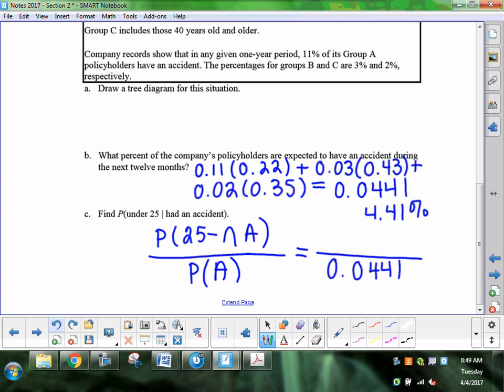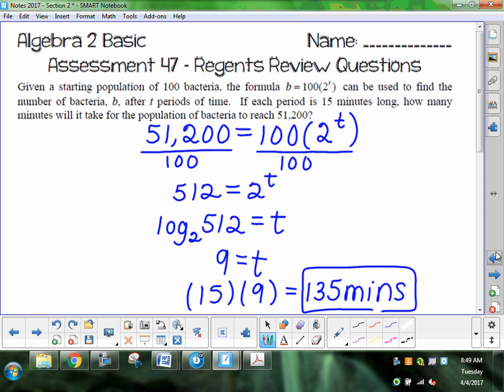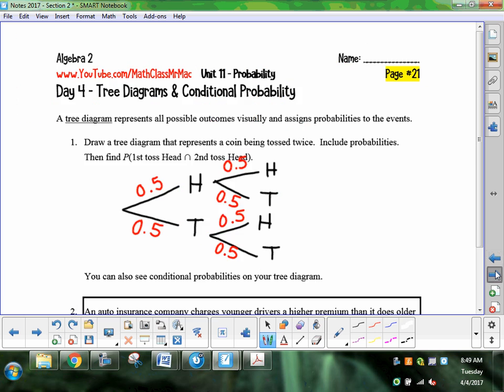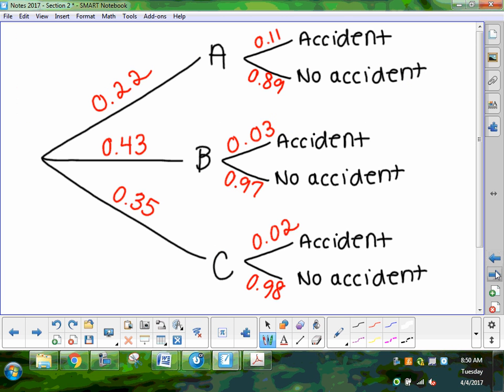Well, what would we do for that? Close. There's more on there than just the 0.11, because the 0.11 is just the number of group A that had an accident.